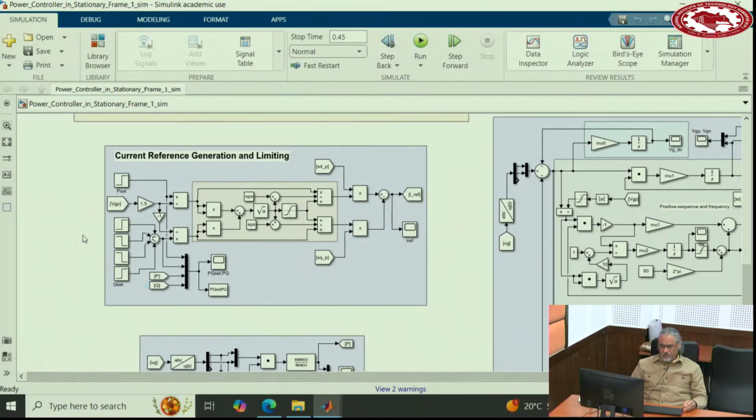For reference, you use the voltage magnitude. So you have P set, you divide it by VGP to generate ID, and also Q set divided by VGP to find IQ. You limit IDQ and then multiply by SDP, SQP, subtract, and it gives you the reference.